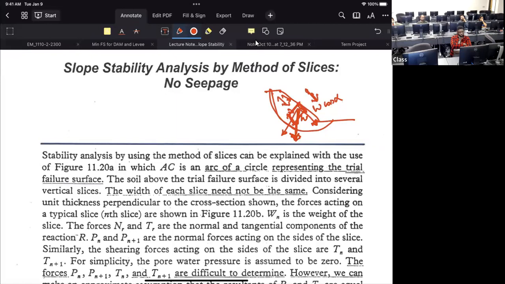It will move. Okay, so let's consider this soil will move. So let's say this piece of the soil is trying to move. Can it move? Only this portion cannot. Which portion can go?